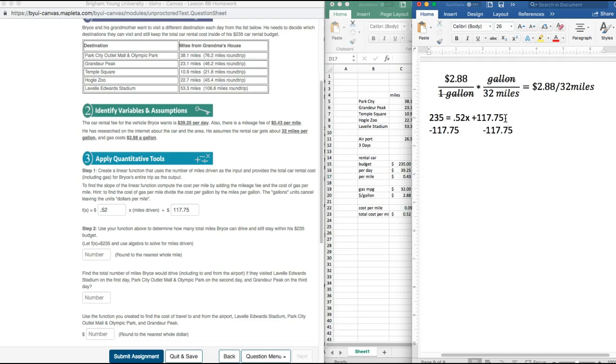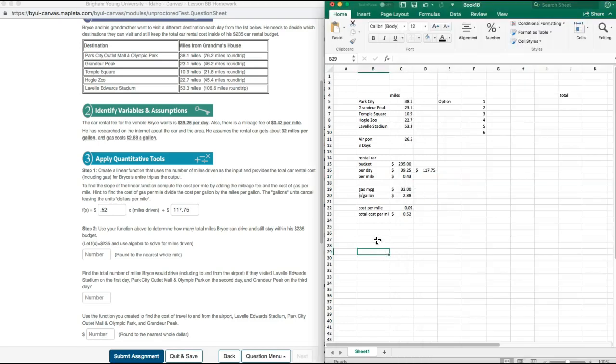So on the right hand side, these cancel out to 0. On the left hand side, I get 235 minus 117.75, and I'm just going to do that here, equals, and I even have these numbers, so I'm just going to cell reference those, equals 235 minus 117.75, because it's super fast, and I get 117.25.